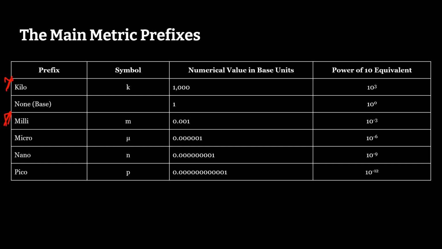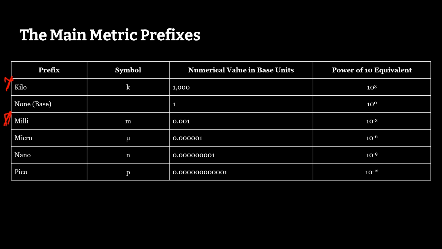And then we have the corresponding numerical value in base units and the power of 10 equivalent. Now, as we go through these different examples, the power of 10 equivalent is going to be what is used for this. And these are really going to be important, and they are really going to show us what we need.